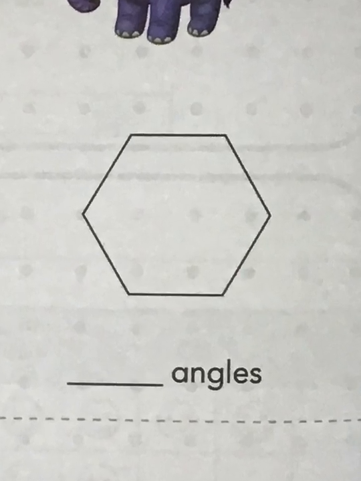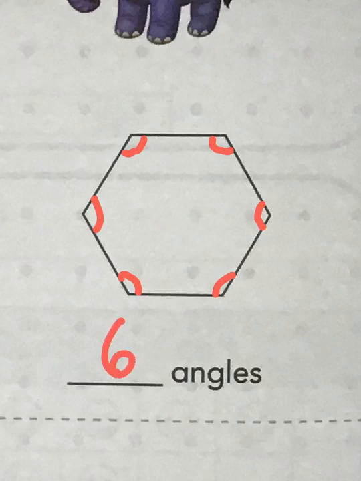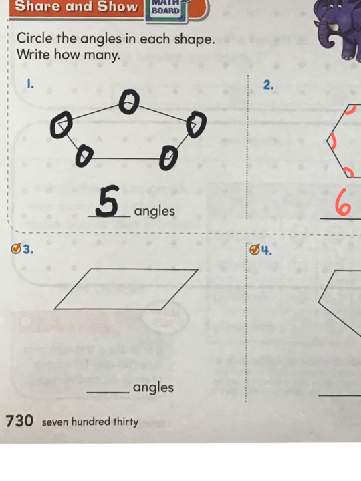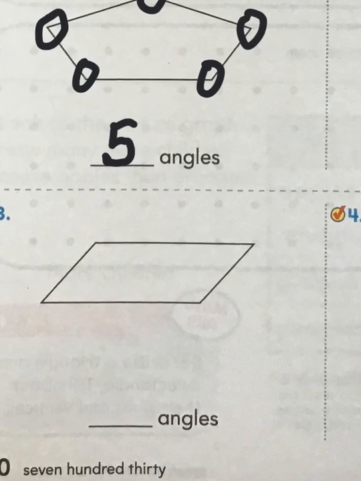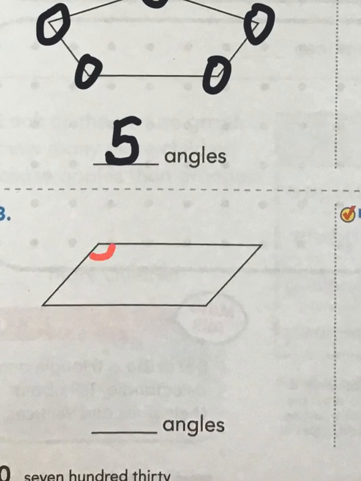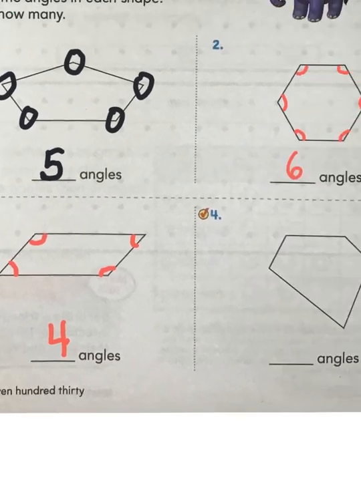I'll make it a little bit bigger, and I'm going to draw my angles this time with a curve. 1, 2, 3, 4, 5, 6. 6 angles in a hexagon. What about the parallelogram? 1, 2, 3, 4. 4 angles in a parallelogram, or a quadrilateral.